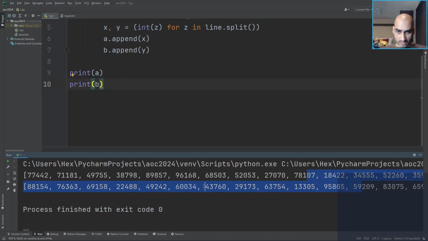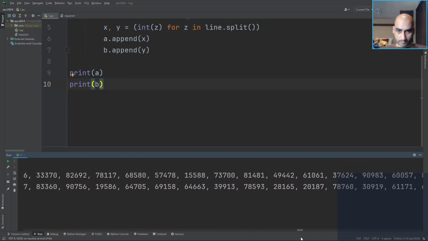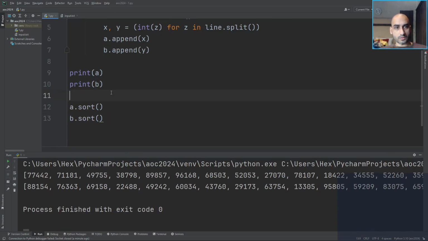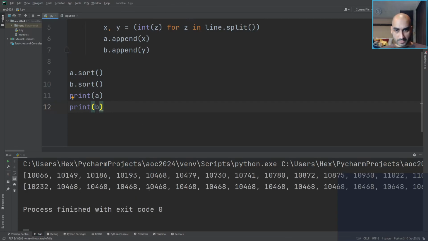Seems to be correct. Then we do A.sort, B.sort. So these should now be in order. Yep, that looks right.